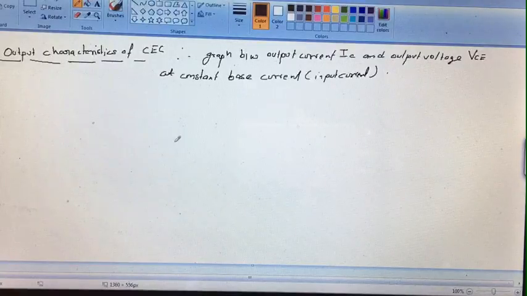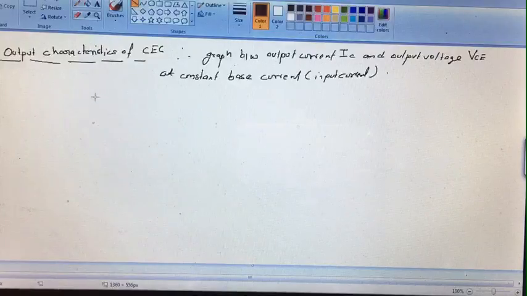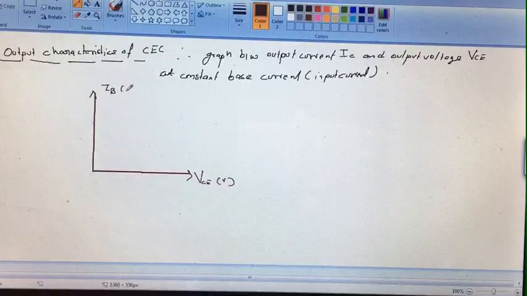So when we are going to plot the graph between output, then the vertical axis consists of collector current and the horizontal axis will consist of collector emitter voltage VCE, that is in volt, and IC in milliampere, and IB should be constant.